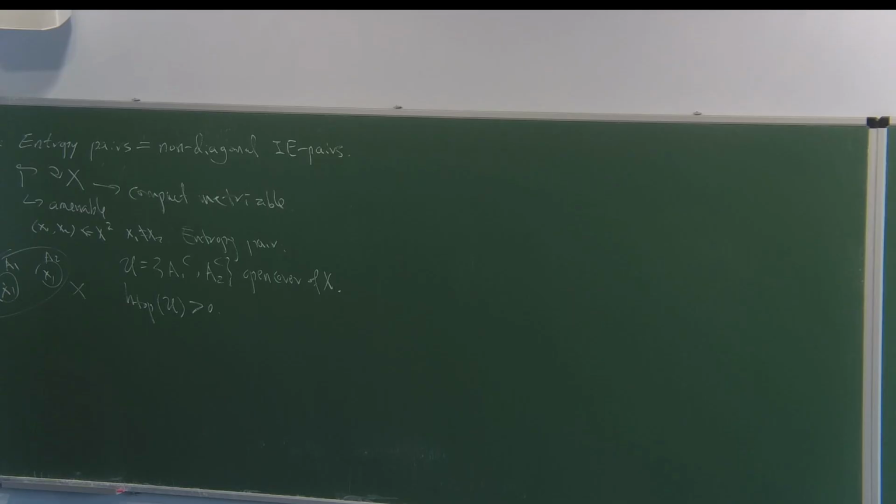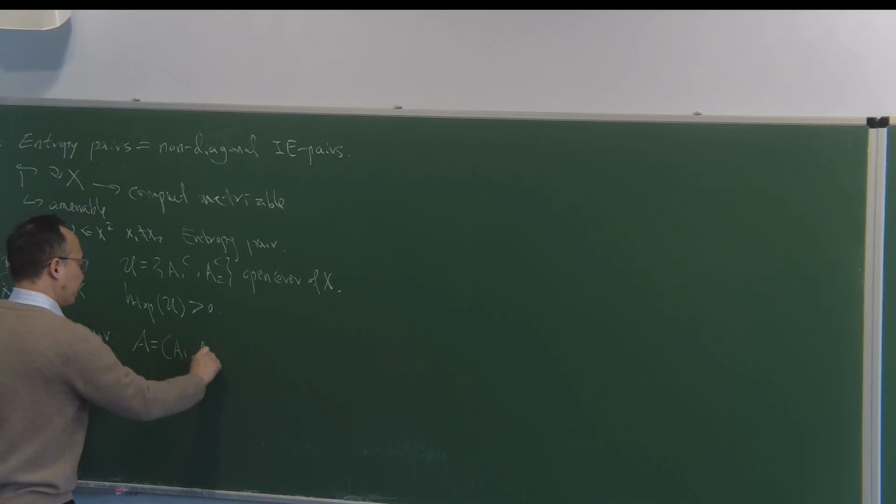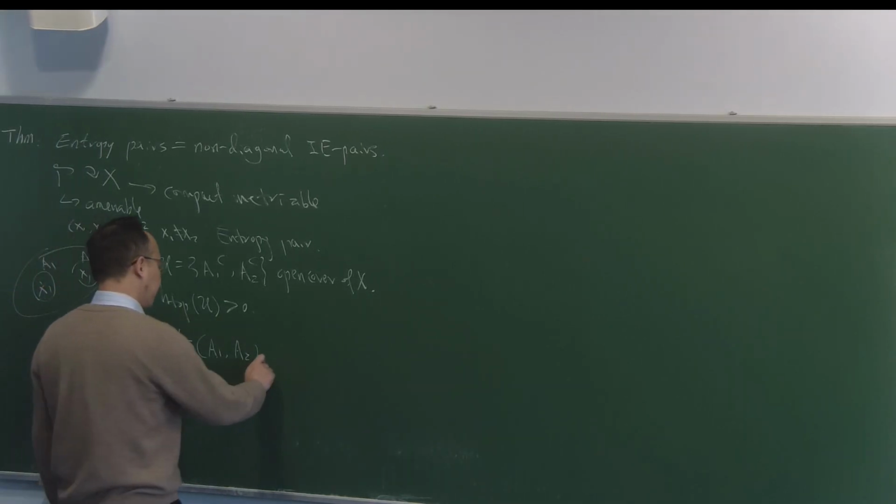Well, an IE pair means that for the pair A, B, it has positive independence density.